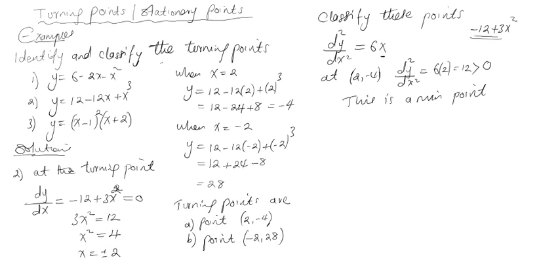At negative 2, 28, the second derivative is equal to 6, supply a negative 2 there, gives you negative 12, which is less than 0, and therefore this is a maximum point.